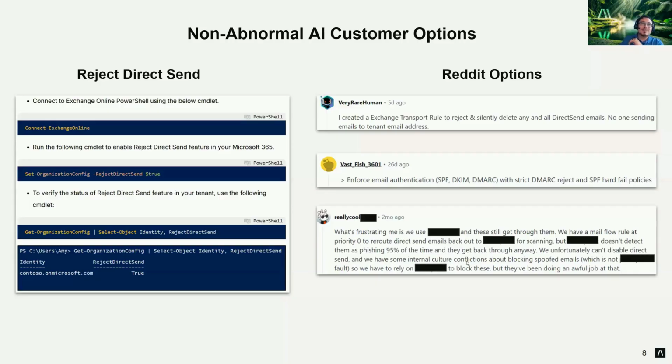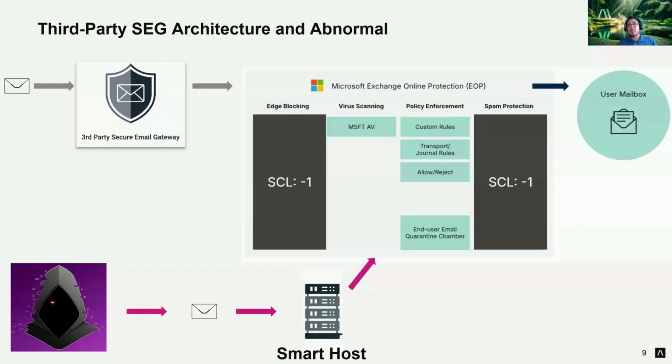But at the end of the day, if you notice, all of these options have one thing in common. They require the customer, the email security admins, to make global level changes in their environment to stop direct send abuse. Let me show you guys how Abnormal customers are dealing with direct send abuse.